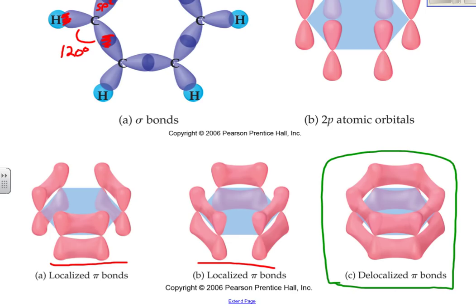You have 6 electrons worth of density spread out over this entire structure. That's an incredibly stabilizing effect, as it turns out, and so this molecule ends up being involved in many different structures. As you do your projects, many of you will see this structure pop up in some of your molecules.